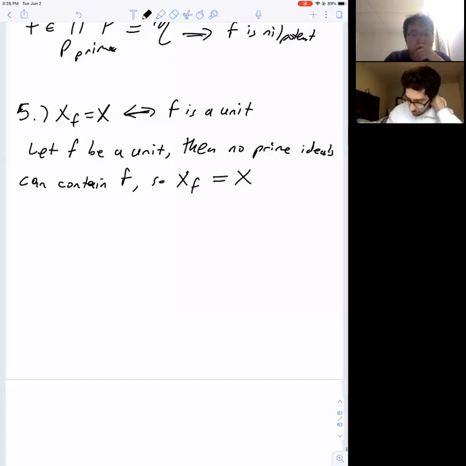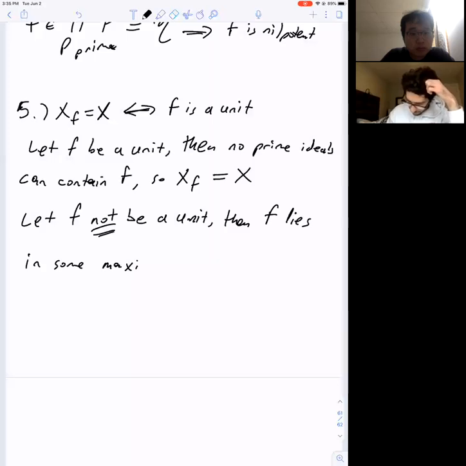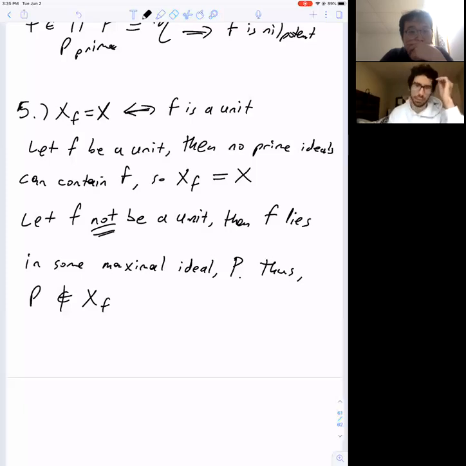Let f not be a unit, then as we explained before, I think 2 weeks ago, f lies in some maximal ideal, I'll say P. Thus, P is not an element of X sub f. So X sub f is not all of X. So that's the answer to number 5.